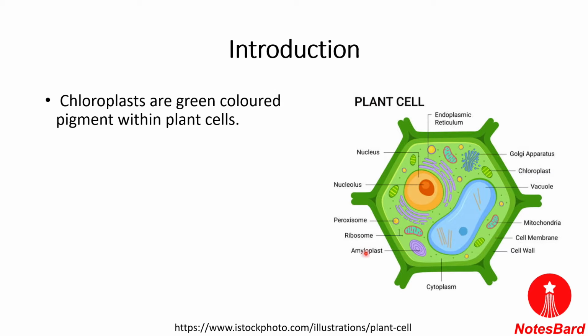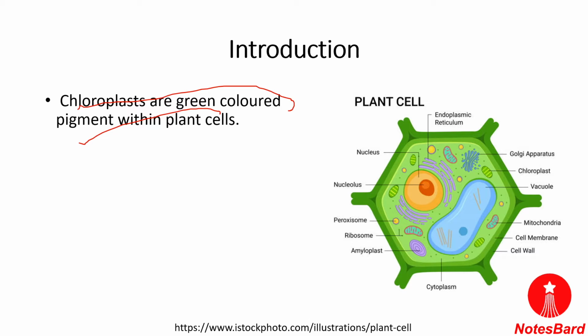In the plant cell, you can see here that there is an amyloplast and there is a chloroplast being depicted. So both of these are depicted here. These are the types of plastid, as we have already discussed. The chloroplasts are the green colored pigments within the plant cells.